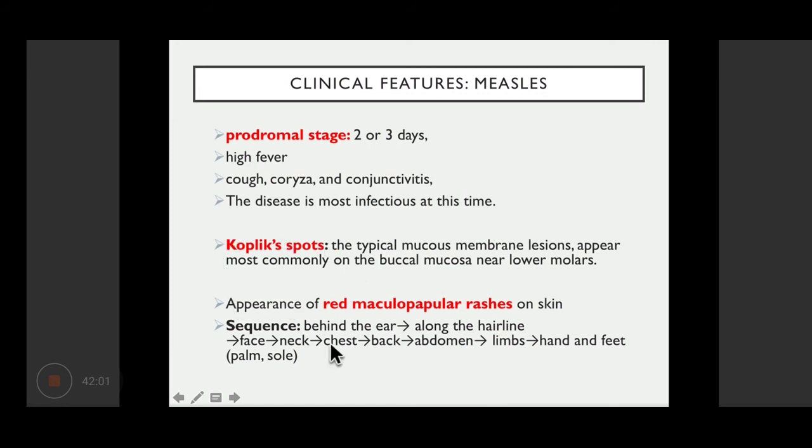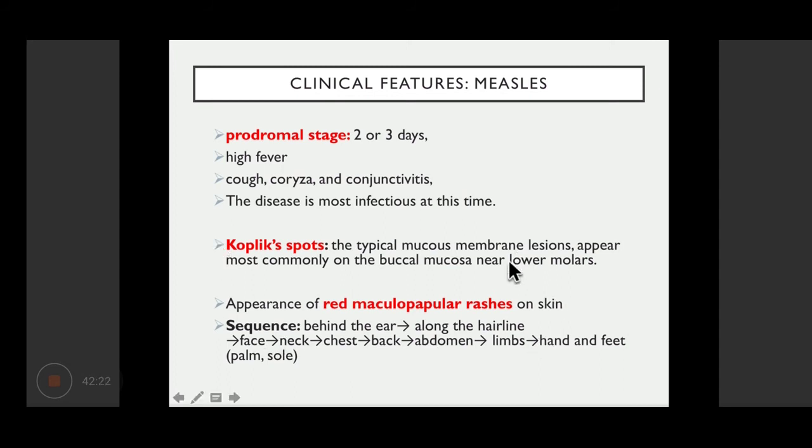Then on the skin, reddish maculopapular rashes are seen, and they follow a typical sequence, initially appearing behind the ear, then spreading along the hairline, involving the face, neck, chest, back, abdomen, limbs, hands and feet.